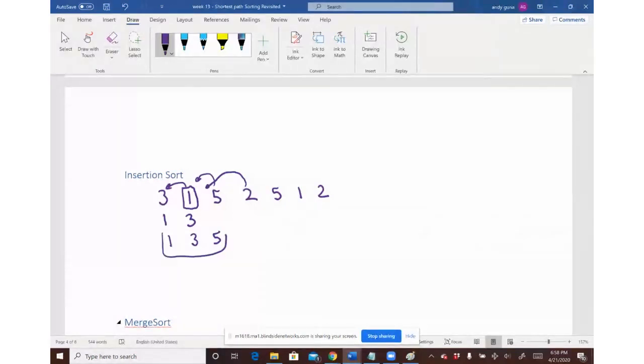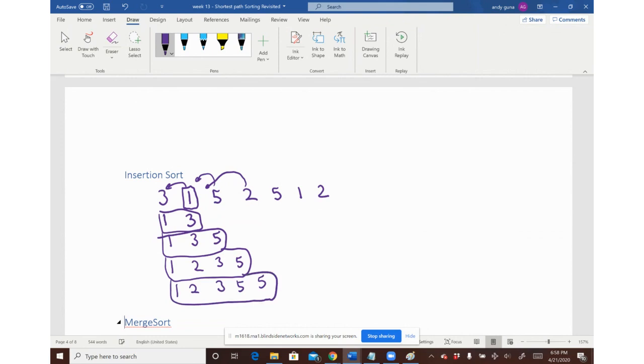So every time you do this, you're creating a sorted portion at the beginning of the array. So if you do that, then you're going to get 1, 2, 3, 5. The way you do that is to push things to the right to insert 2. Then you try to insert 5, and because 5 and 5 are the same, we can just stay there. And then you try to insert 1.